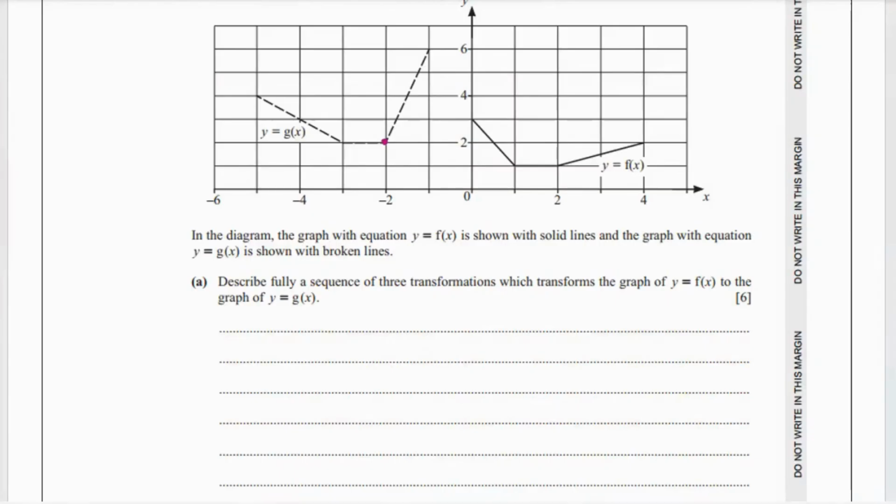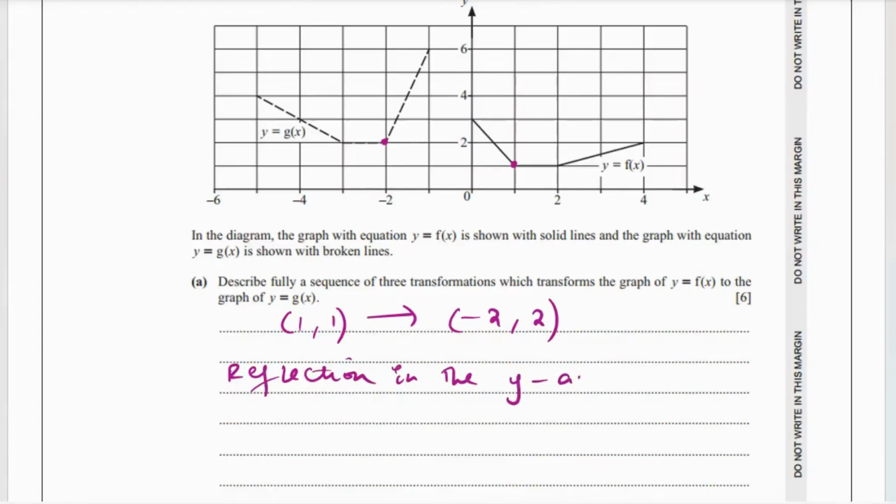So we can pick this point and we can pick this point. These are 2 corresponding points. So 1 is going to negative 2 and 2. Since the x coordinate is becoming negative, it's a reflection in the y-axis.